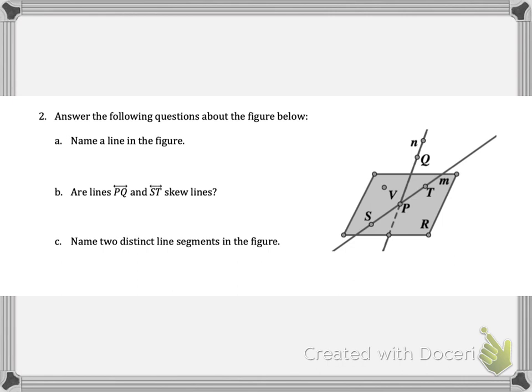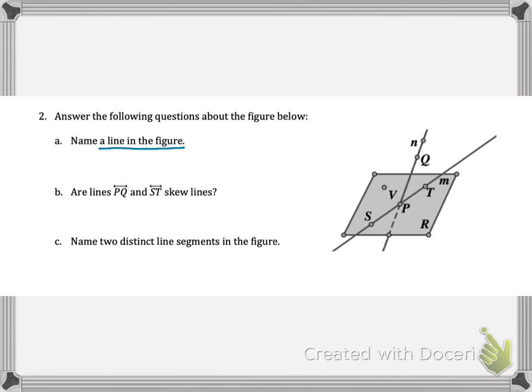So answer the following questions about the figure. Name a line in the figure. So if we look at the figure and the definition of a line is a set of infinite points, and a line is 2 points that continue on in infinite directions. So if we look at this particular image, I can see, and bear with me, I'm going to use 2 different colors.